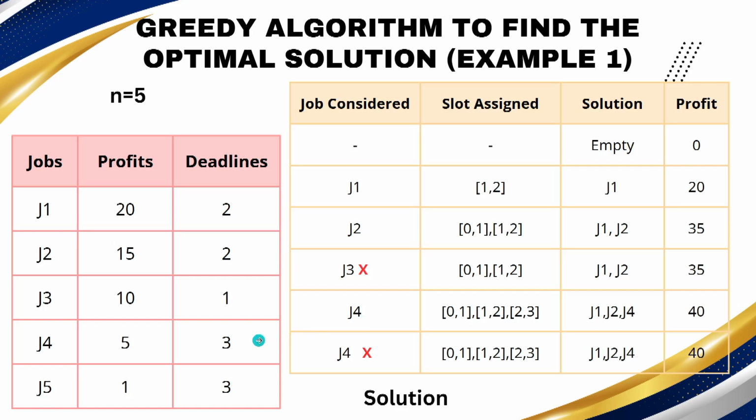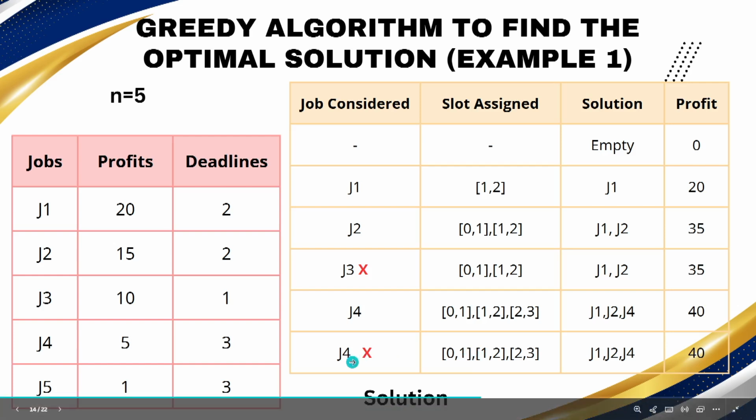Job 4's deadline is 3, which means it is supposed to be completed before 3 o'clock. The machine is occupied till 2 o'clock, so I fix the slot 2 to 3 for job 4 and add its profit to the total profit, which is 35 plus 5, 40. Next I think of adding the fifth job here. It is mistakenly put as 4, but it is 5.